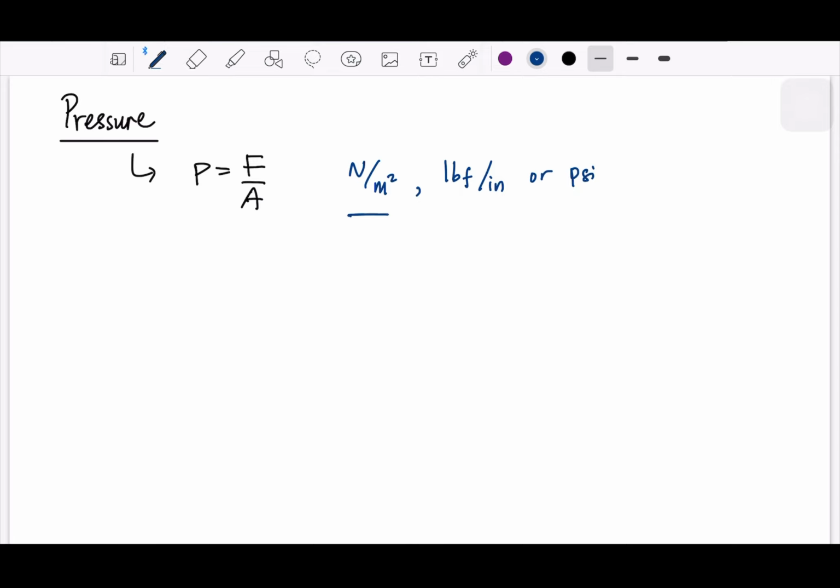And usually we call the Newton over meter squared a Pascal. In terms of measurement of metals, how strong it is, usually it's in terms of Pascal, like MPa, GPa, megapascal, gigapascal, because the metals are quite strong. But here we are focusing more on fluids, okay, fluids, not solid.